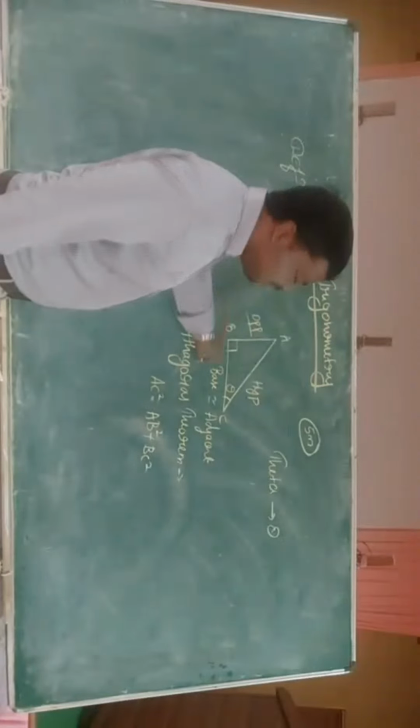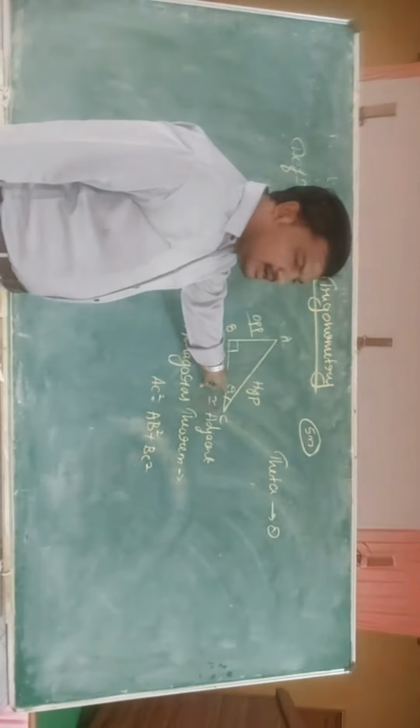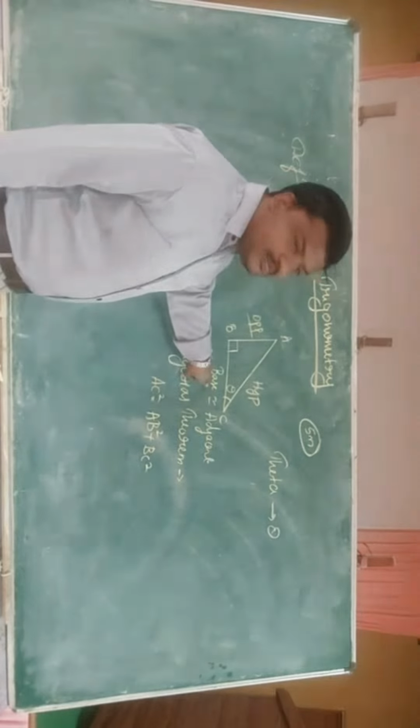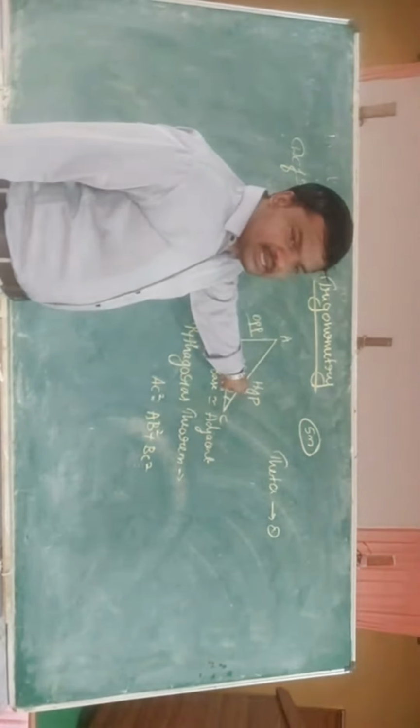Draw this triangle ABC, and the angle formed at C is theta. AB is the opposite side, and BC is the base, or you can call it the adjacent side. And AC is the hypotenuse side.